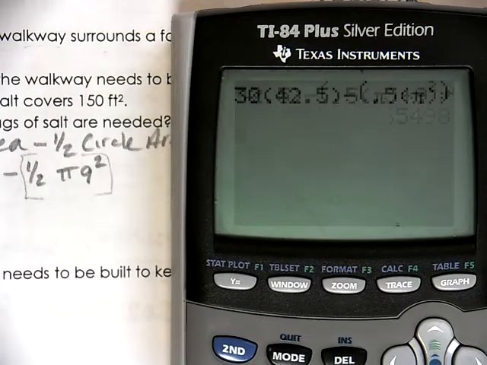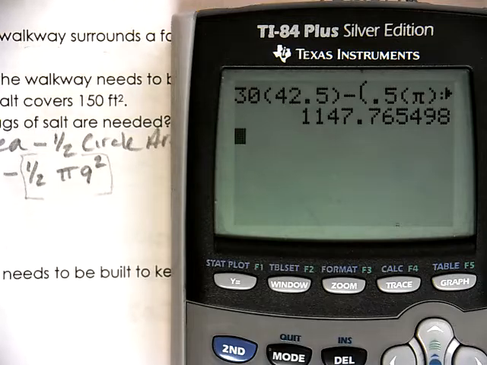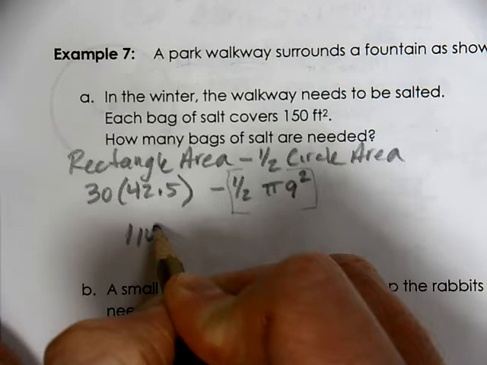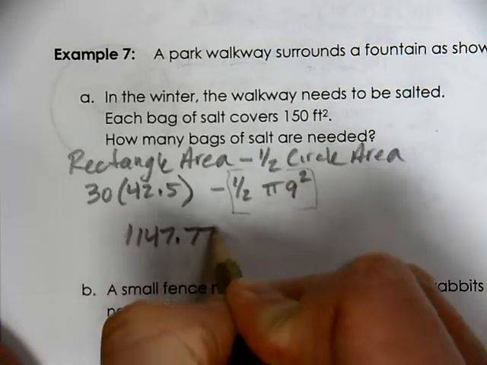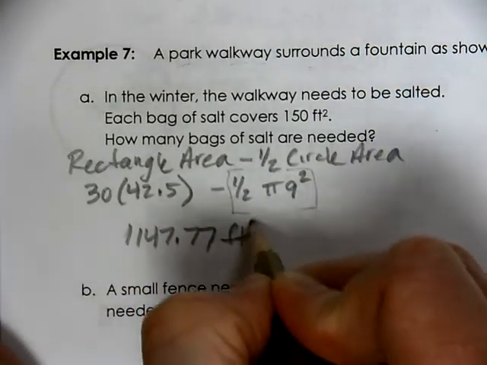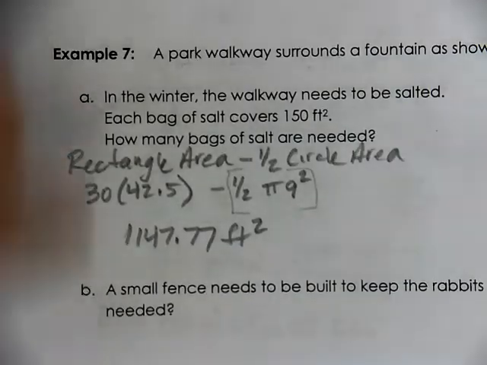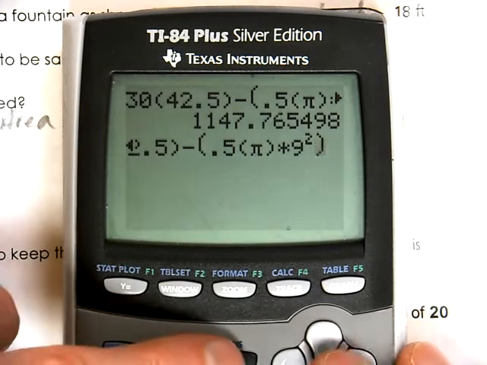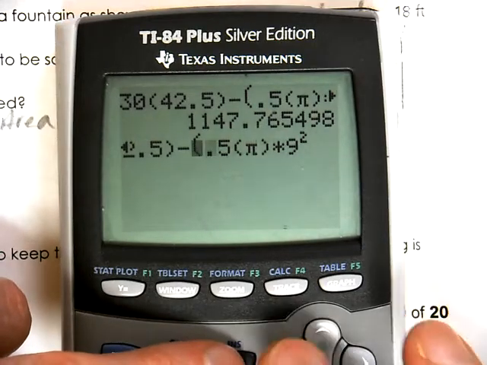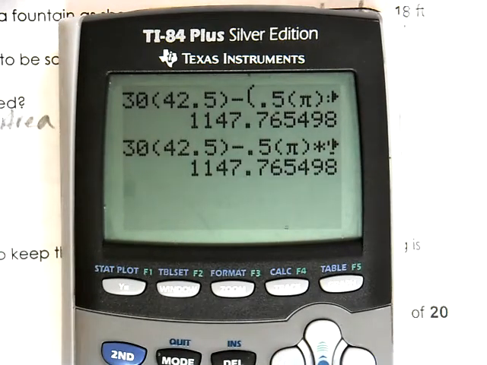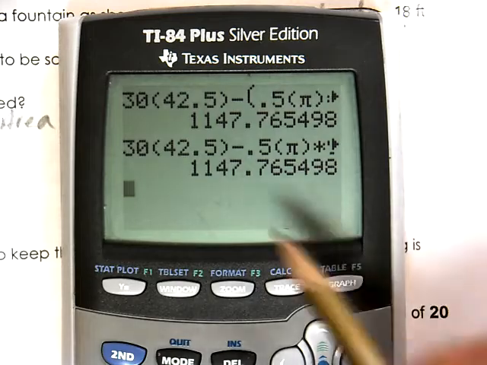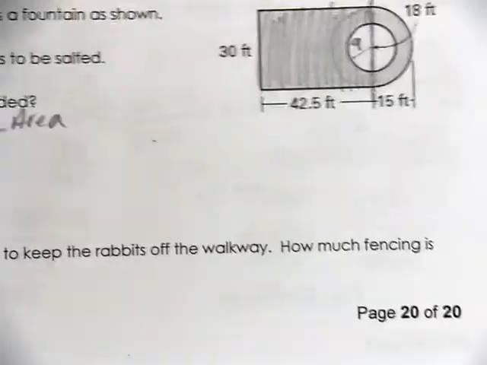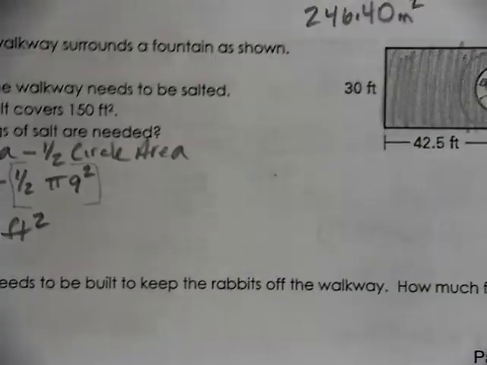We have to be careful about what we're calculating. But I got 1,147.77, and those are feet squared, or square feet. Now we could try that again. Look at your whole equation and get rid of these two parentheses, and I'm pretty sure we're going to get the same answer. It's because multiplication comes before subtraction. But just to be safe, parentheses are a good idea.